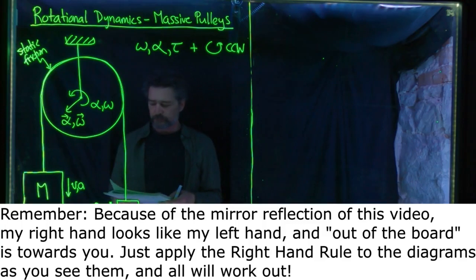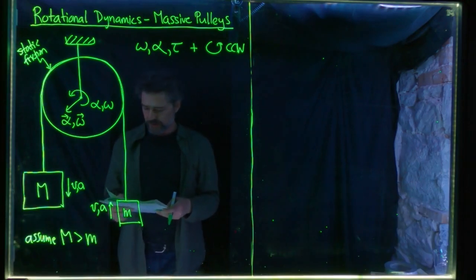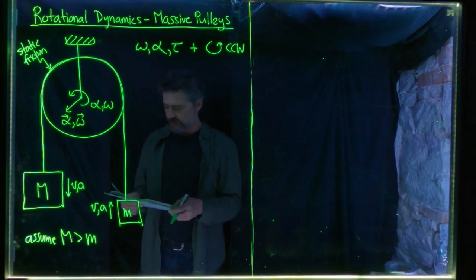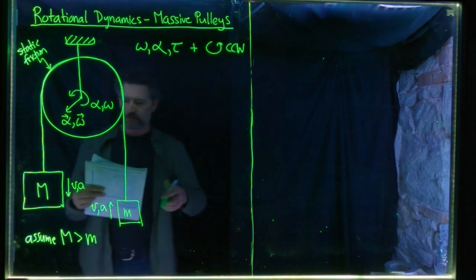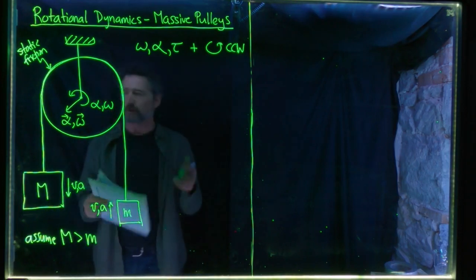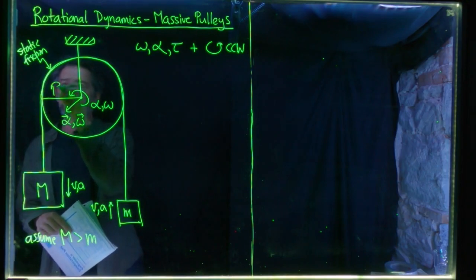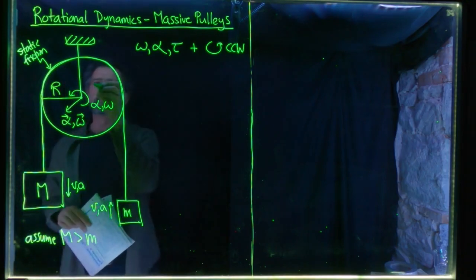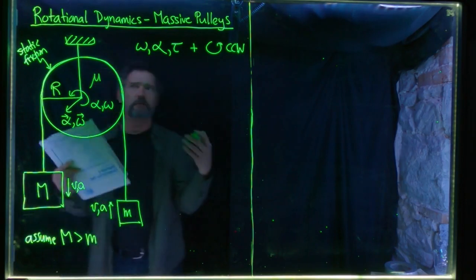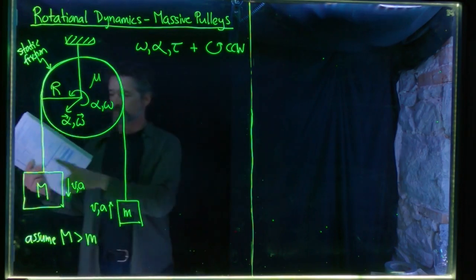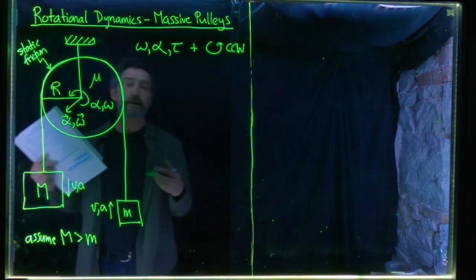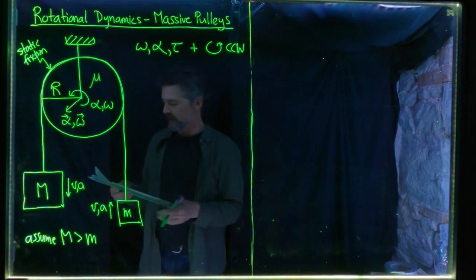Okay. What else? Now we're going to give some properties to the pulley. We will say that the pulley has a radius r, and it has a mass mu. We need some kind of an M-type letter, and we've already used big M and little m, so we'll use the Greek letter mu to indicate the mass of that pulley.